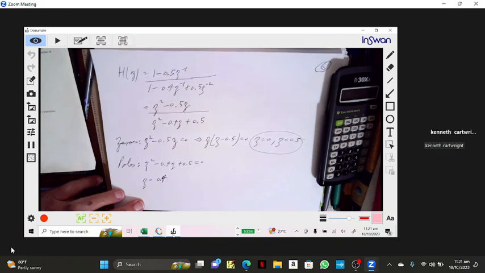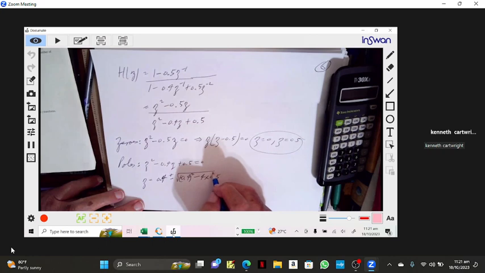You said 0.5. I meant 0.4, my mistake. 0.4 plus or minus the square root of 0.4 squared, minus 4 times 0.5, all over 2.